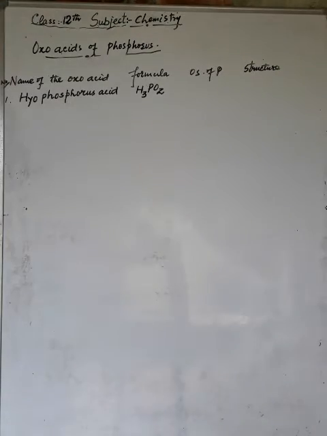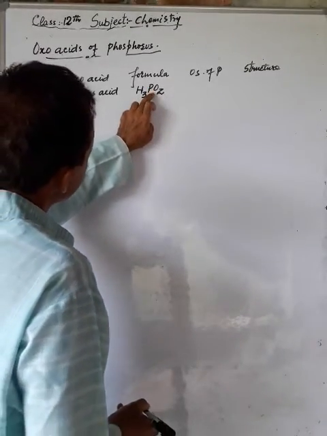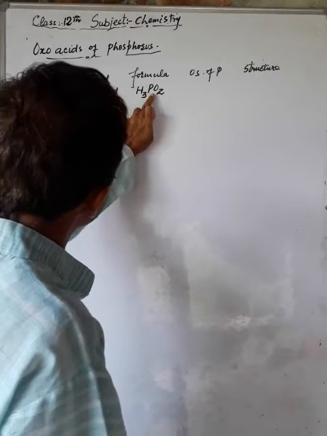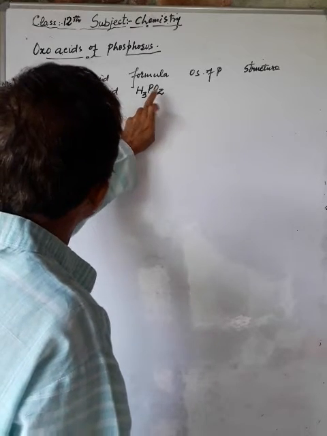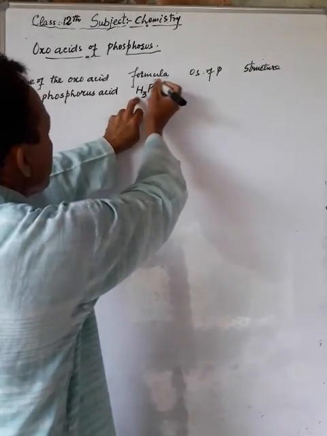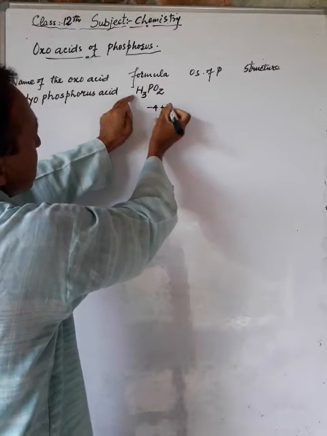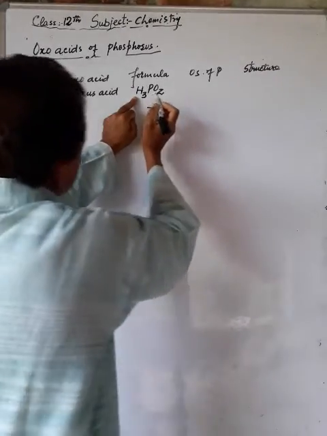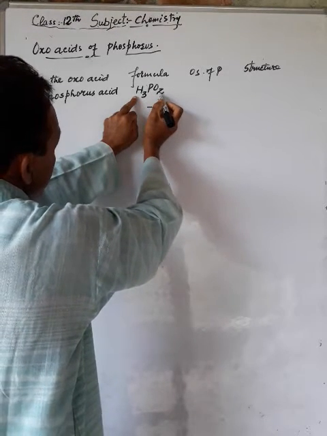Now, if we write the oxidation state of the phosphorus in this, oxygen in the compounds in which other atoms are less electronegative is in -2 oxidation state. Hydrogen, when it is with the oxygen in the compounds except hydrogen peroxide, is in +1 oxidation state and oxygen is -2 oxidation state.